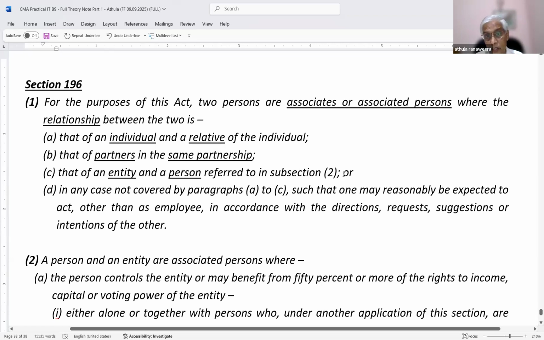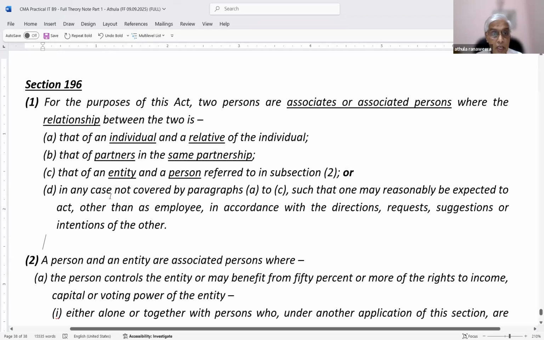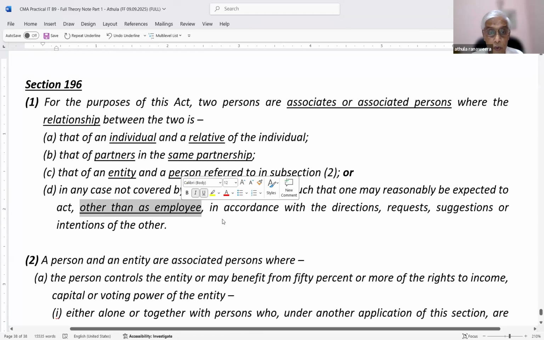Or, the conjunction here is or, in any case not covered in paragraph A to C, such that one may reasonably be expected to act, other than as an employee, in accordance with the directions, requests, suggestions, or intention. Now, this other than an employee is also important.